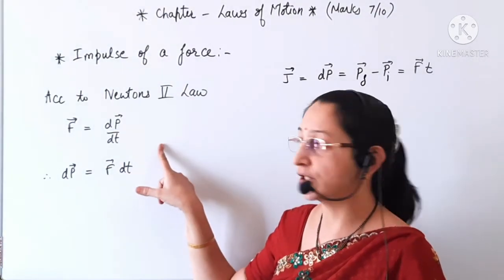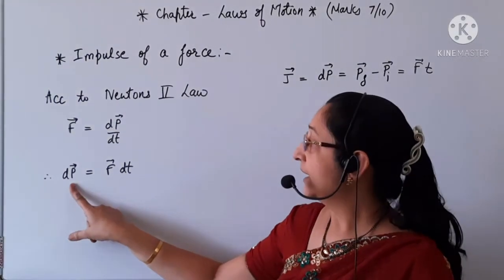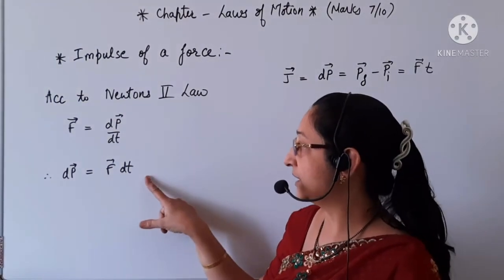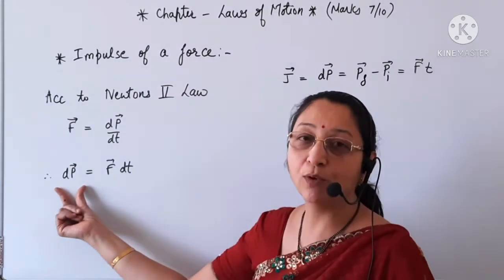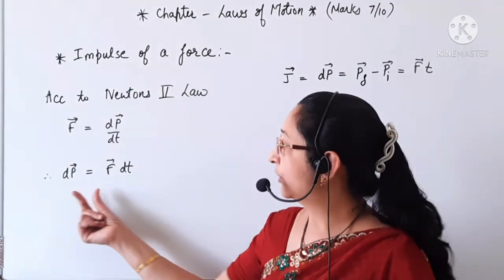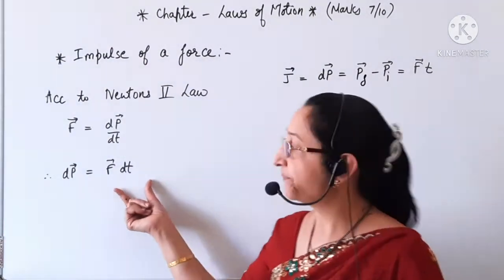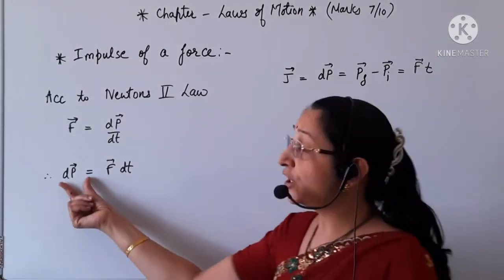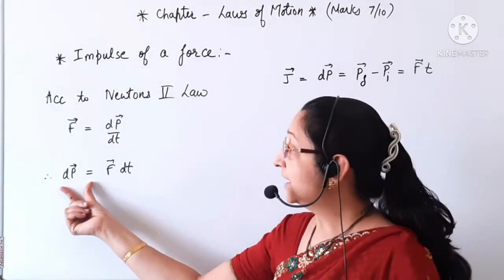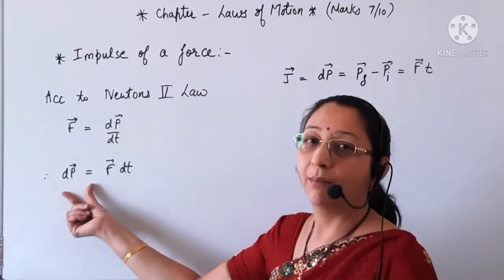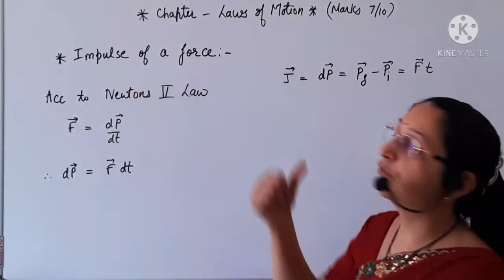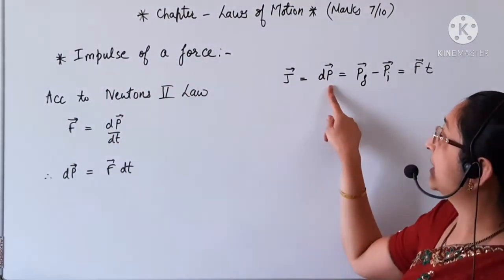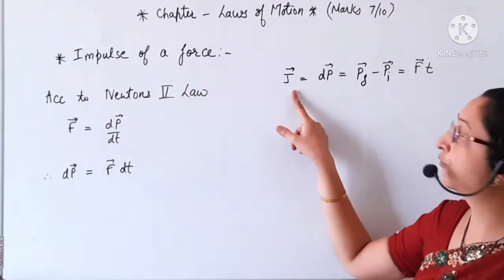Now we rearrange it. So dP is equal to F into dt. So dP is the change in momentum, that is equal to force into the time. This change in momentum is now given a new name, the impulse of the force. So the change in momentum is called the impulse of the force.